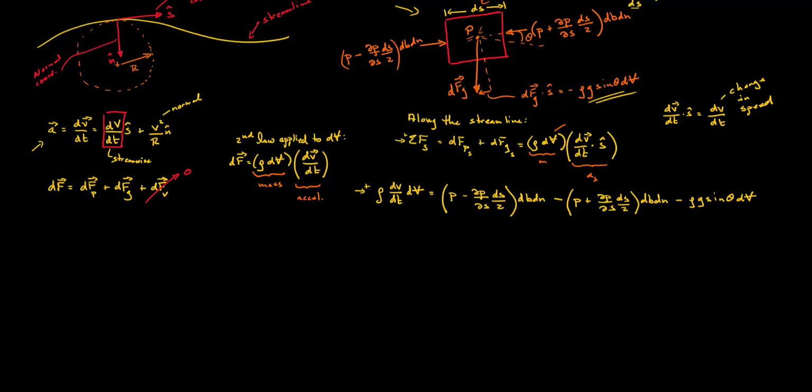If we note, again, that dV is equal to ds dB dN, we see that these terms appear everywhere, so they can cancel out. We can rearrange everything, which gives us rho dv by dt.